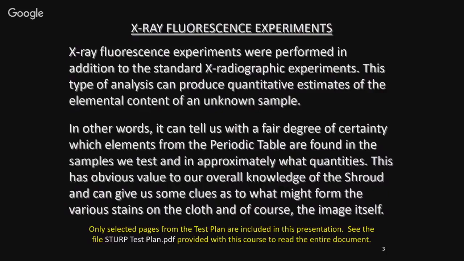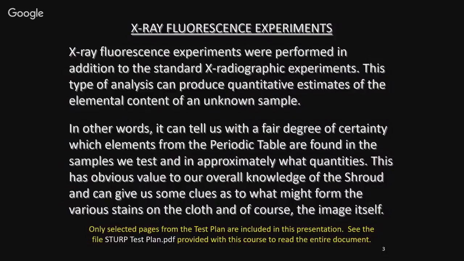And of course, the X-ray fluorescence helped as well, because it could determine which chemical elements would be found on the shroud. It could tell us with a fair degree of certainty which elements from the periodic table are found in the samples we test and in what quantities. So if there was just a microscopic amount, it would tell us that, or if there was a larger amount.